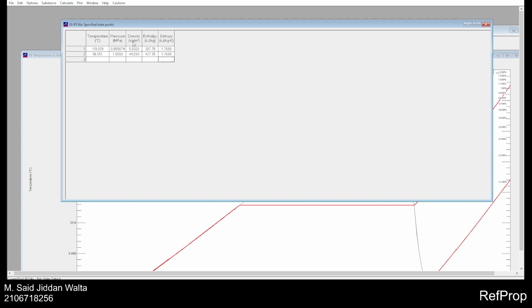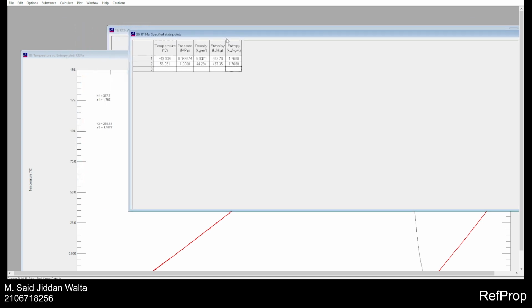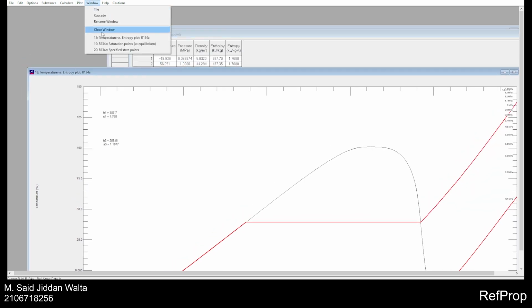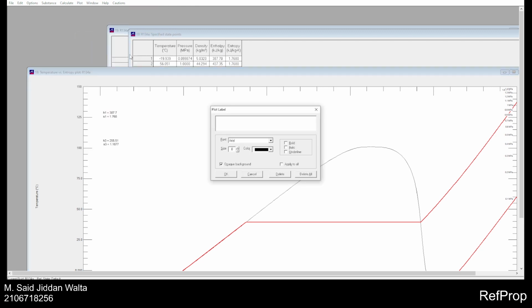And we get our other values where we find the enthalpy of this isentropic version of point 2 to be 437.35. So H2S is equal to 437.35 and S2S is equal to 1.768. Same as S1.